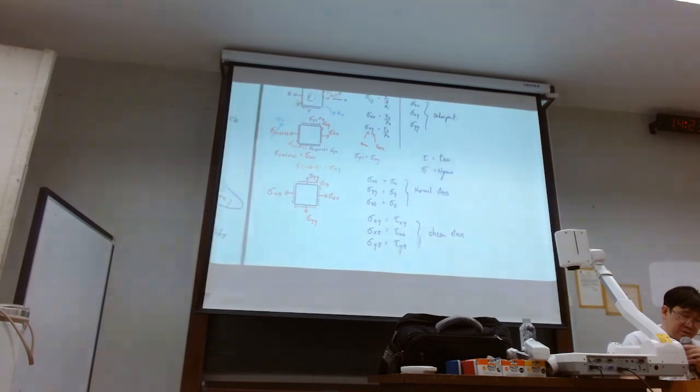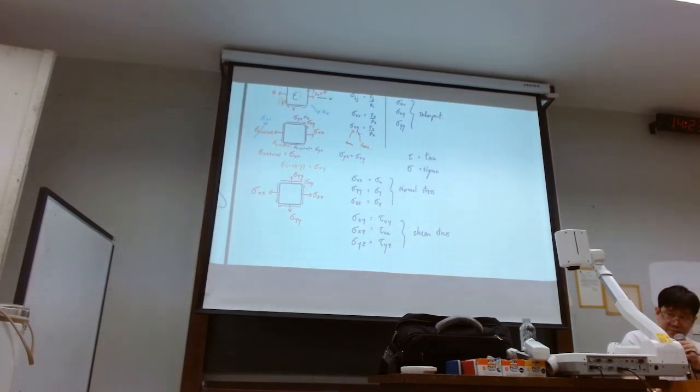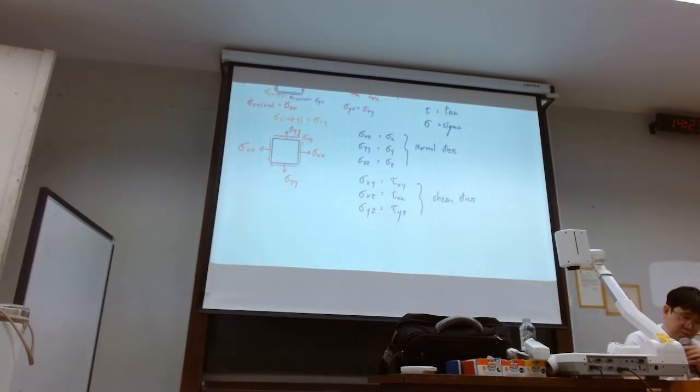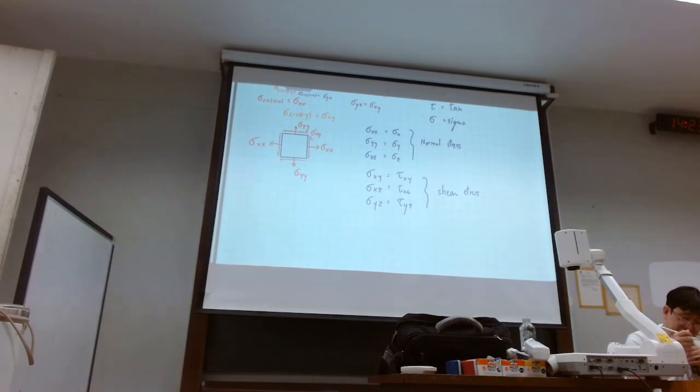This is in 2 dimensions. In 3 dimensions, it will have a total of 9 surfaces. Well, is it 9? No. 9 values, I would say, not 9 surfaces.